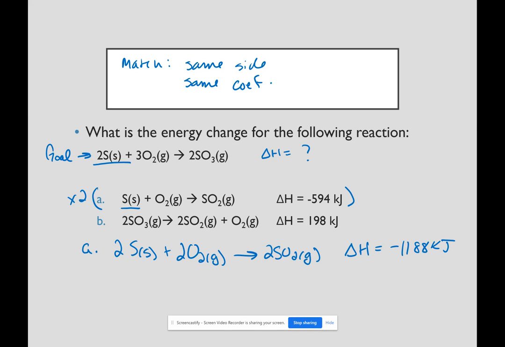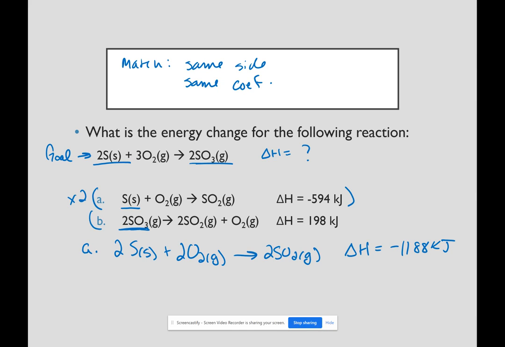In reaction B, I already went through why you don't want to pick the sulfur dioxide or the oxygen to focus on. I'm going to focus on the sulfur trioxide. And I'm going to make that match the sulfur trioxide in my goal equation. Again, has to be the same side, has to have the same coefficient. They do have the same coefficient, but in the goal equation, sulfur trioxide is a product. In equation B, it's a reactant.